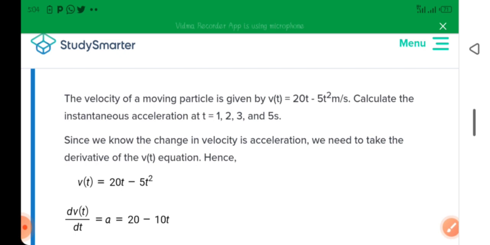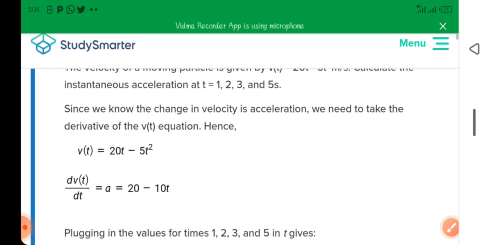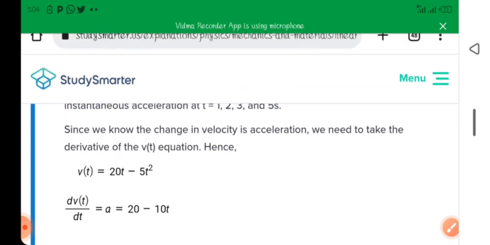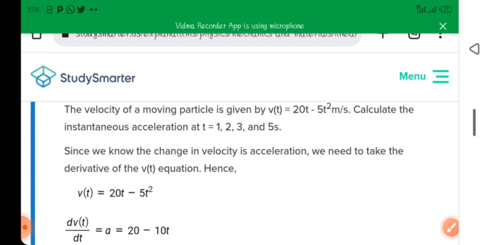This is when you are representing this in terms of integration and differentiation.